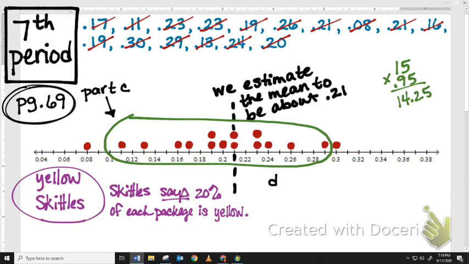So for part D, we noticed our results are kind of spread out.